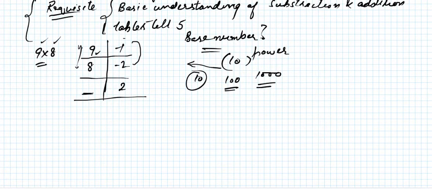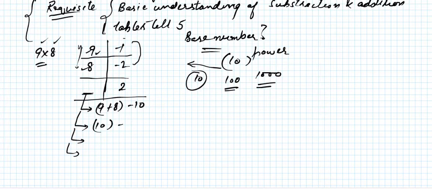For that you can use one out of these four ways to find that number. You can use 9 plus 8 minus 10. You can add these two numbers and subtract the base number, or from the base number you can subtract the numbers on the right side.